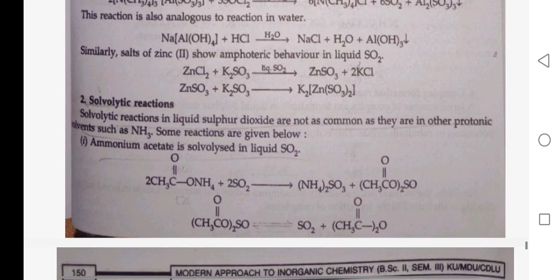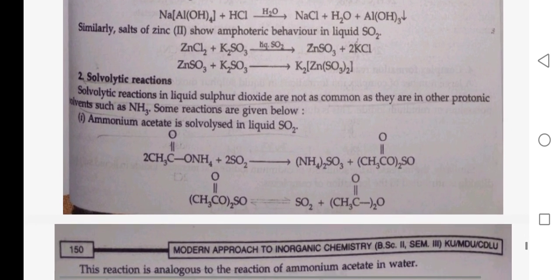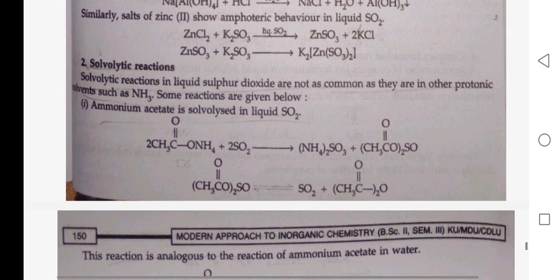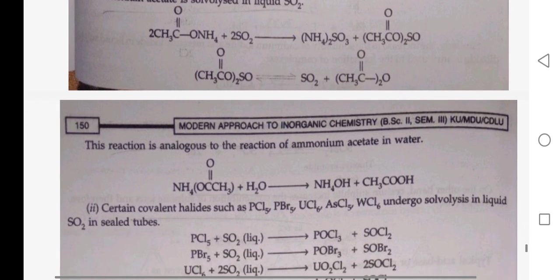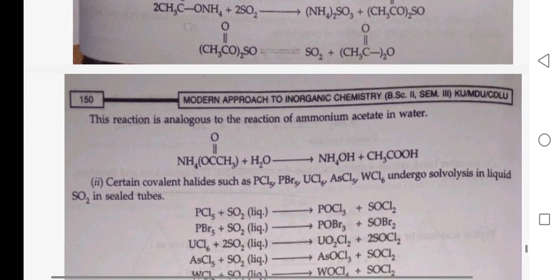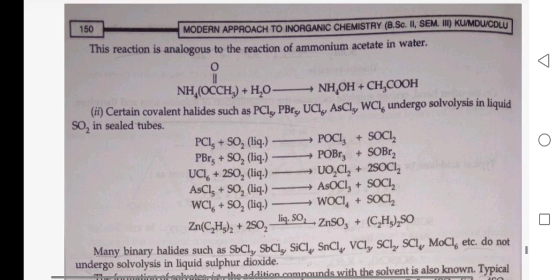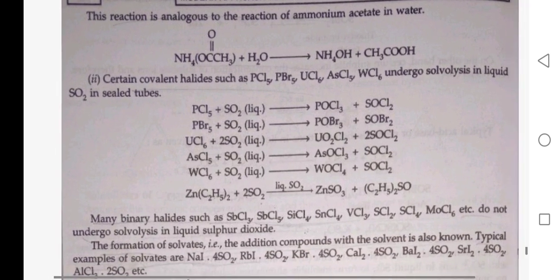Second, solvolytic reaction. Solvolytic reactions in liquid sulfur dioxide are not common as in other protonic solvents such as NH3. Some reactions are given though, for example ammonium acetate is solvolyzed in liquid SO2. The reaction is analogous to the reaction of ammonium acetate in water.